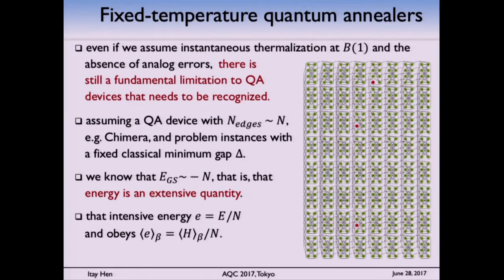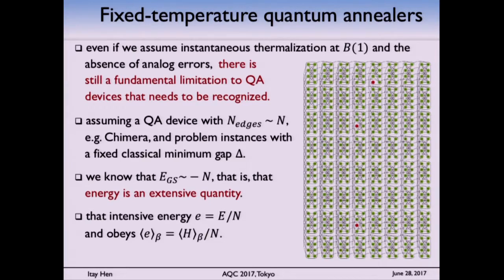But let us assume for now that the quantum annealer is ideal. Again, non-zero temperature, but otherwise it instantaneously thermalizes at the end of the anneal. This is really something that I guess everybody would be happy with.